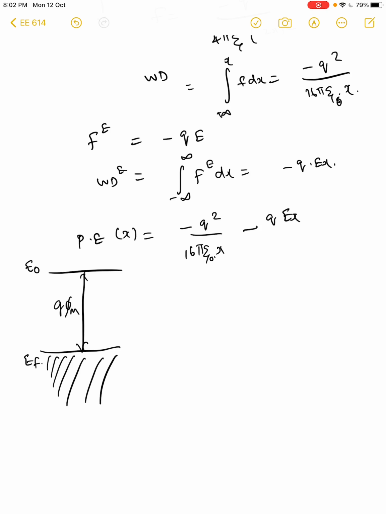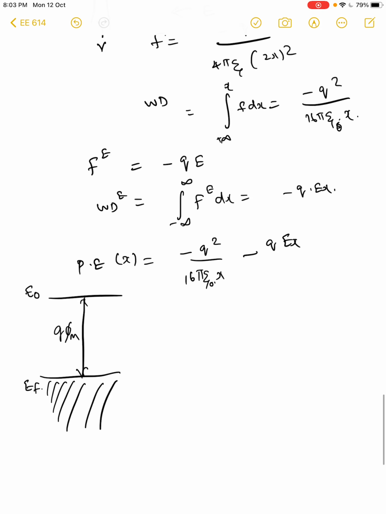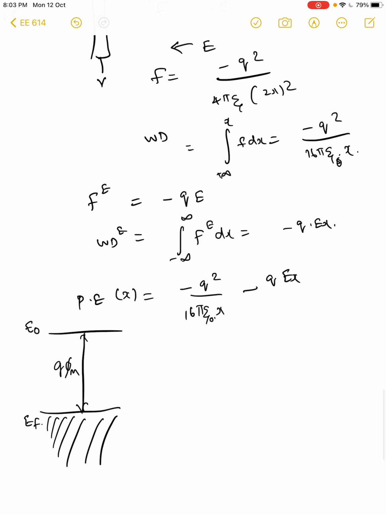But right now we saw that the work done in moving an electron from the metal sheet to any point x is not spatially independent, but depends upon the space, right? And we saw it depends upon 1 by x, right? So the actual potential, instead of going directly to E naught instantaneously, takes a while.